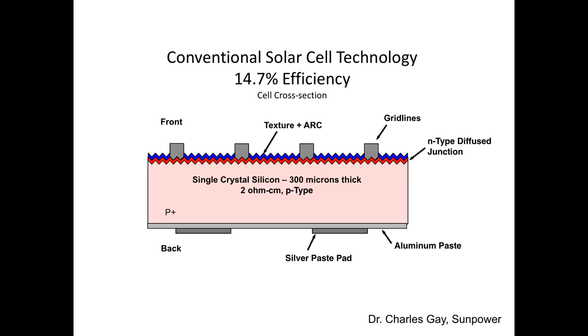So you have your front and back contacts, and when it's manufactured like this, with the texture plus ARC, so ARC is anti-reflective coating, you try to minimize your reflected light right off the top of the cell. Texturing is also a method of light trapping. So essentially you increase the path length of light through your device, and you can increase the collection probability. So as the standard solar cell architecture here, you'll get about 15% efficiency.